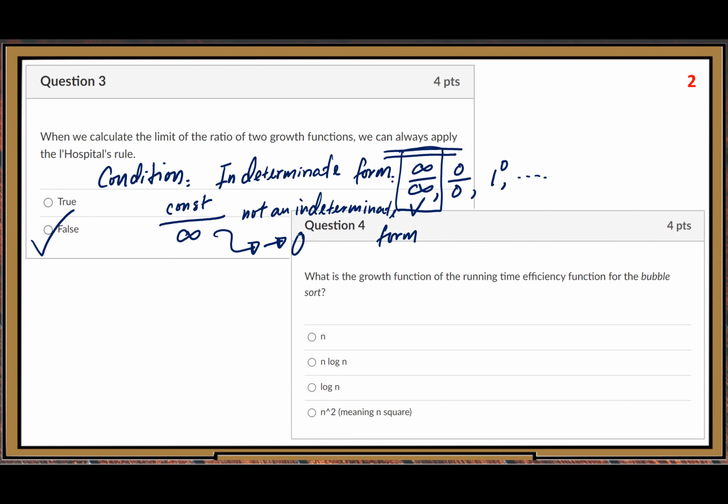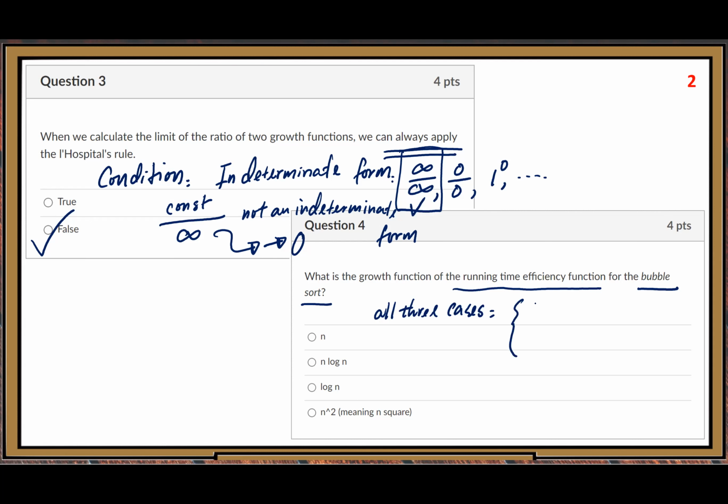What is the growth function of the running time efficiency function for the bubble sort? The bubble sort for all 3 cases. So you need to be familiar with the bubble sort in all 3 cases, the running time efficiency function.